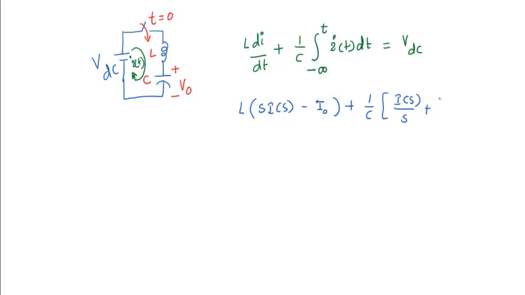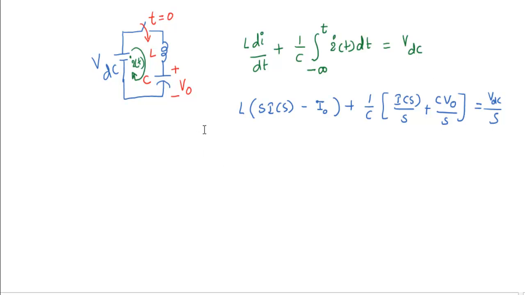That means the initial charge on the capacitor, which is C into V0 by S, equal to VDC by S, because it is a constant, so the Laplace transform is K by S.